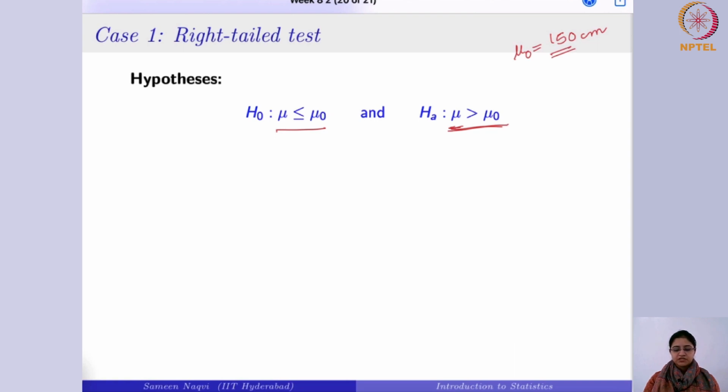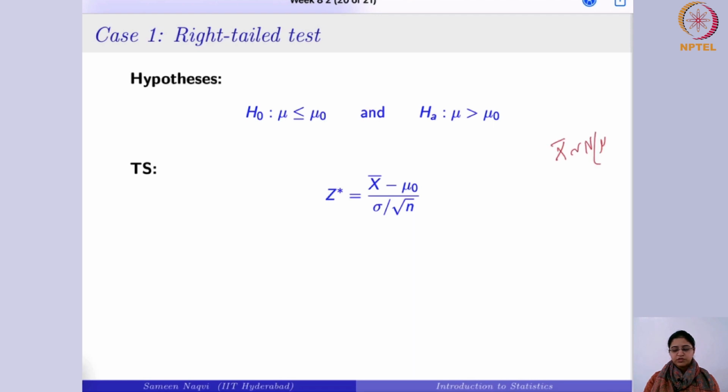To test this, what you will do is you will write the test statistic first of all. So the test statistic would be, in this case, because it is the case where sigma is known to you, we know that x bar follows normal with mean mu and variance sigma square by n. Then x bar minus mu over sigma by root n would follow the standard normal distribution.